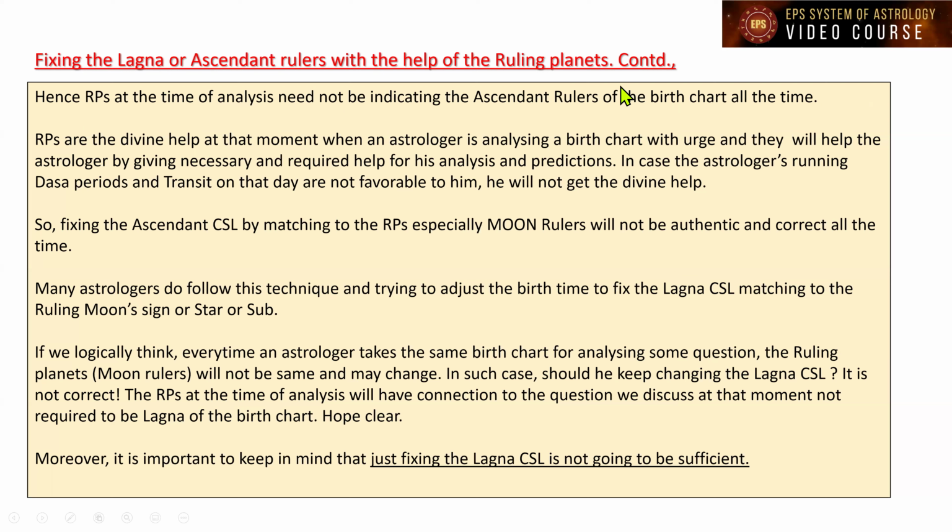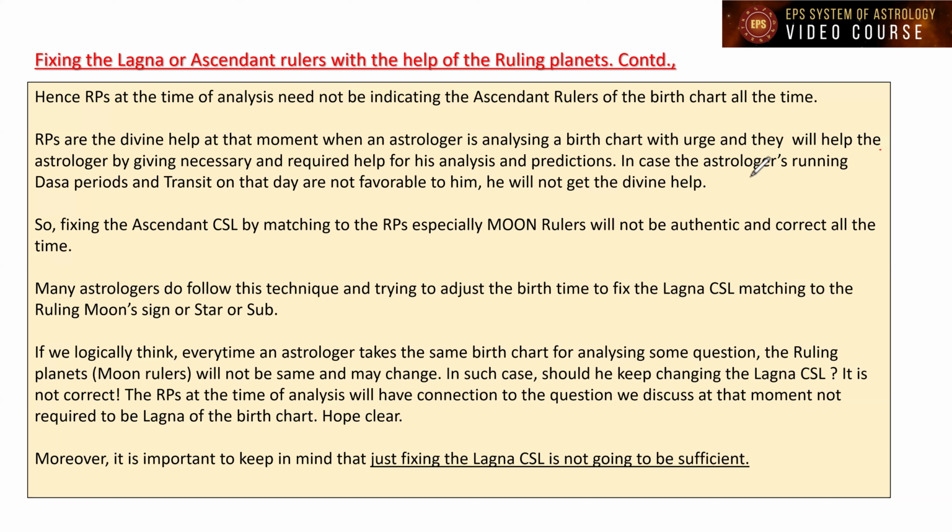It definitely will have a connection to the question in discussion. So RPs are the divine help at the moment when the astrologer is analyzing a birth chart with urge, and they will give the necessary help for his analysis and predictions.